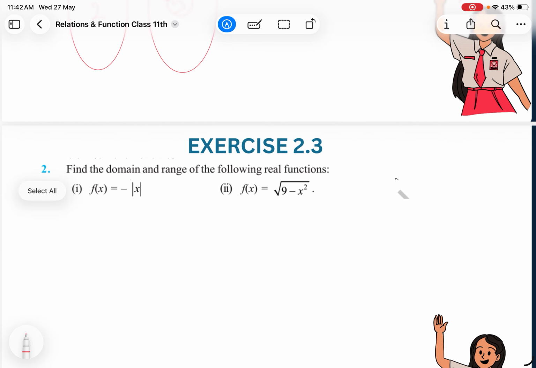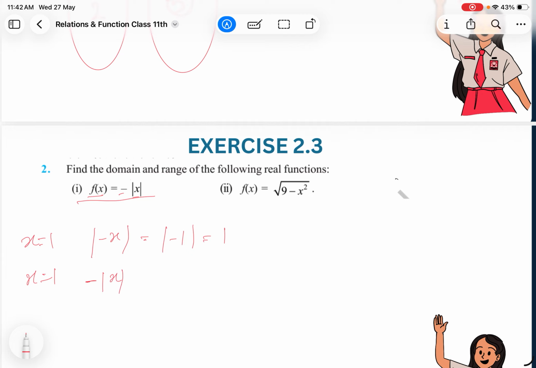So here we have, for example, f(x) equals minus mod x. So there is a catch. If it's like mod of minus x, then if we put x equal to 1, it will be minus 1 and it will convert it into 1. But in this case, suppose we have x equal to 1, then it's saying minus mod x.